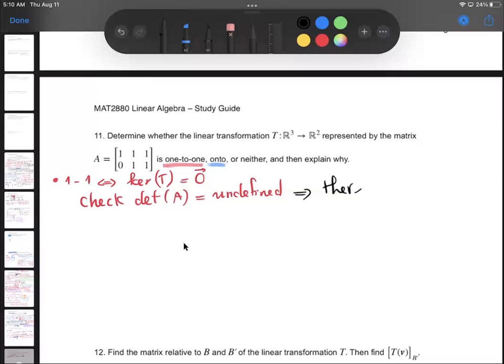Okay, now we need to show that if T is onto R2, then the dimension of the arrival has to be equal to the dimension of the range of T, which is equal to 2.